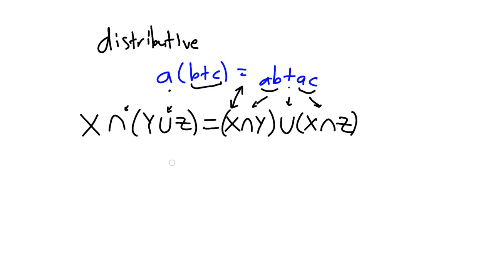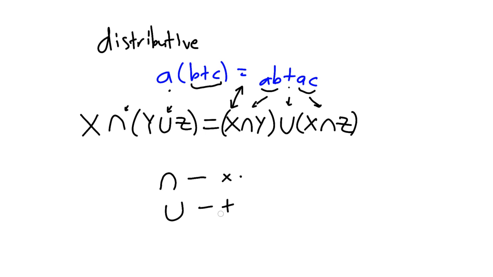And in fact, there is a really deep relationship between intersection and times, which we sometimes write as a dot, and between union and plus. This runs really deeply, and it actually goes into logic as well.